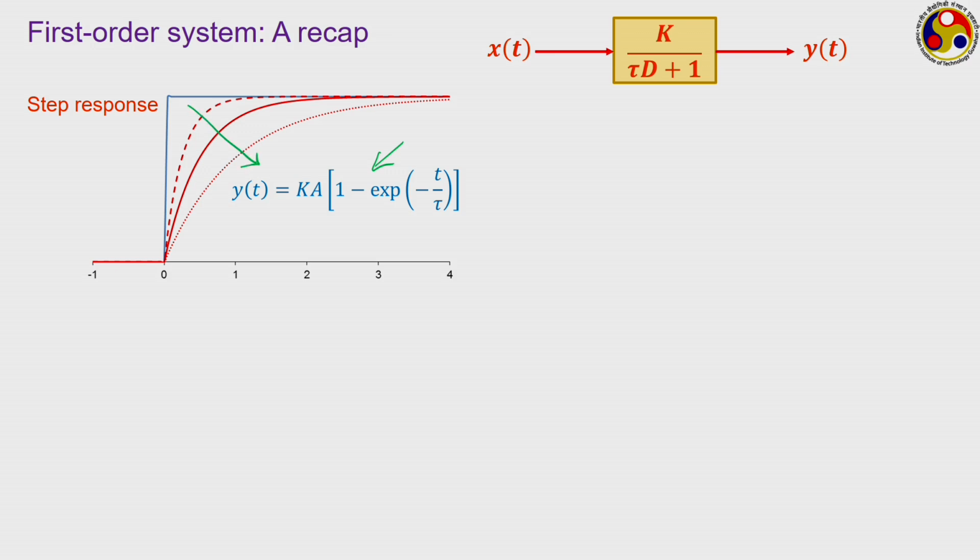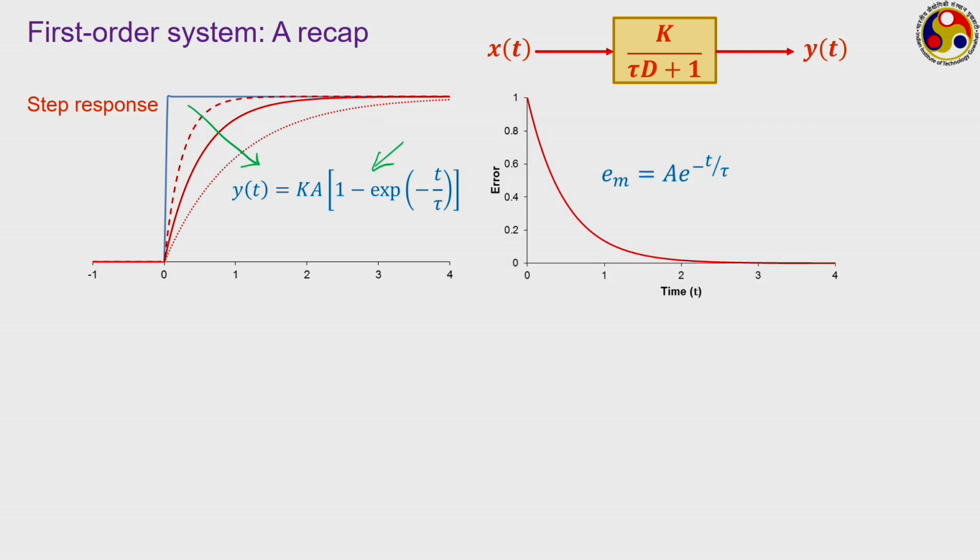We have also derived an expression for the error, which we have seen follows a negative exponential function: as time keeps on increasing, the error keeps on decreasing, that is, the difference between output and input keeps on reducing. So, the smaller the value of tau, the quicker the system reaches the actual output.